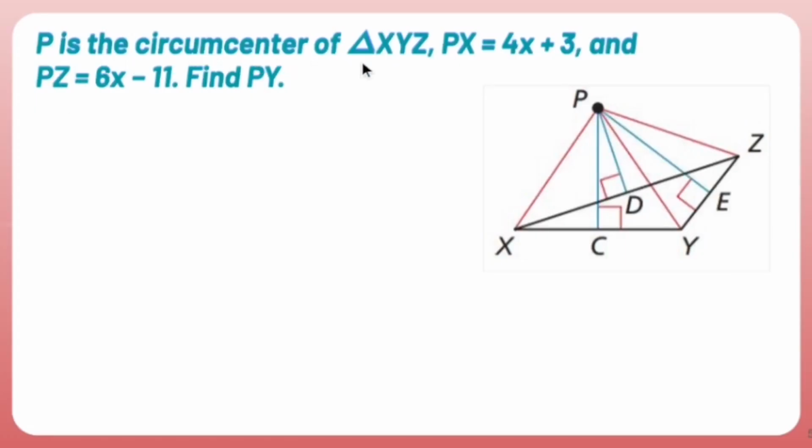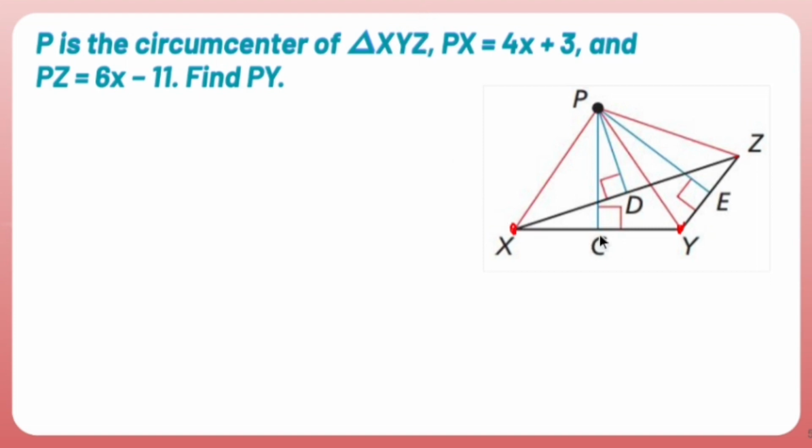P is the circumcenter of XYZ. PX is 4x plus 3, so where's PX? You're PX. And PZ is 6x minus 11. Find PY. So if this is the circumcenter, try to imagine that I drew a circle connecting these 3 dots. Now, there's no way I'd be able to fit this circle on this slide.